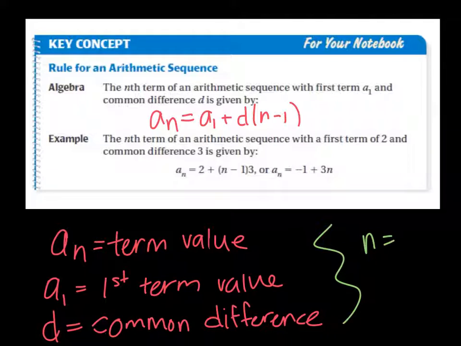And the n is your term number. Not the term value, the term number. They're different.